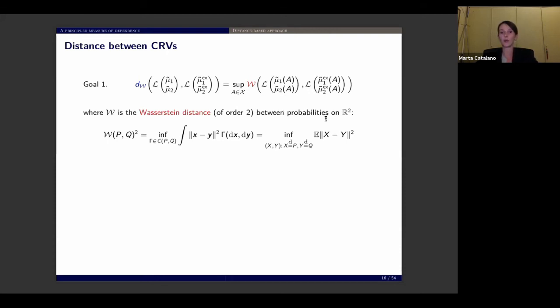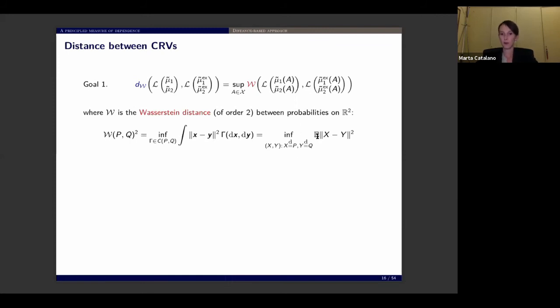Okay, so we already heard the definition yesterday of Wasserstein distance, but for those of you who missed it, I will just recall that a coupling between two probabilities, P and Q, is a distribution on the joint space which has P and Q as marginal distributions. And so the Wasserstein distance can be defined as the infimum over all possible couplings of P and Q of the expected value of the squared difference.